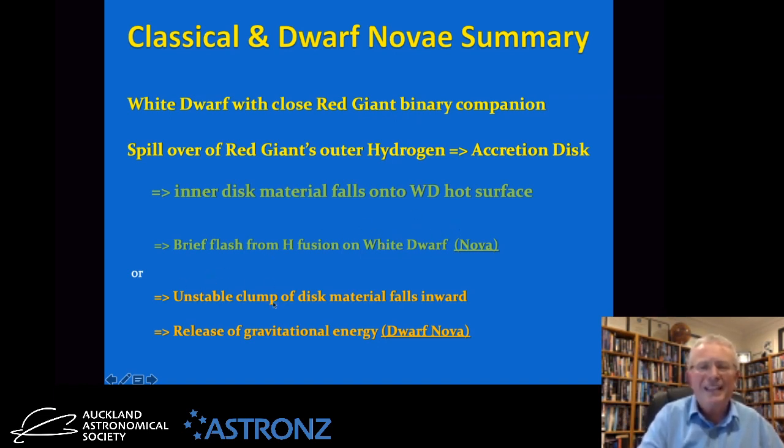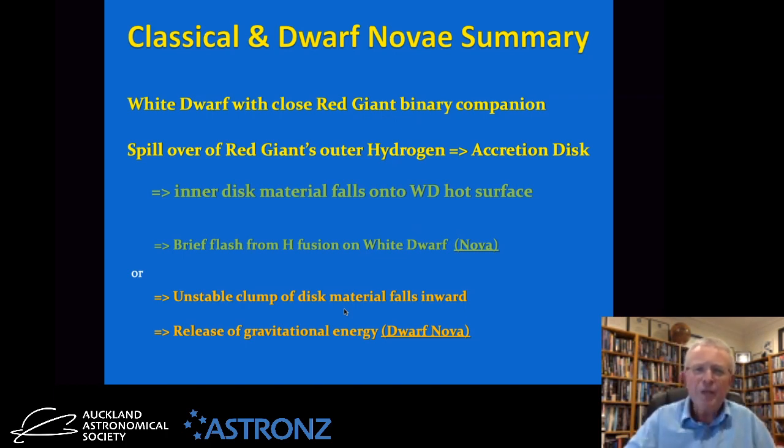Or if you get an unstable clump of disk material that suddenly decides to fall inwards, then you get a sudden release of gravitational energy, and that causes your dwarf nova. So that explains the novae and the difference between a classical and a dwarf nova.